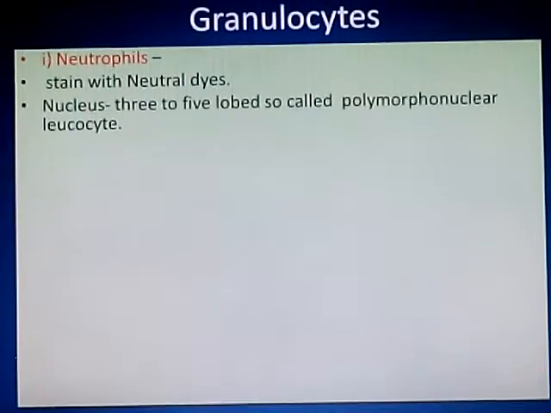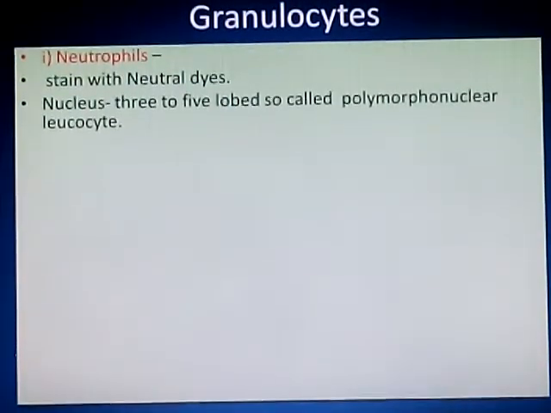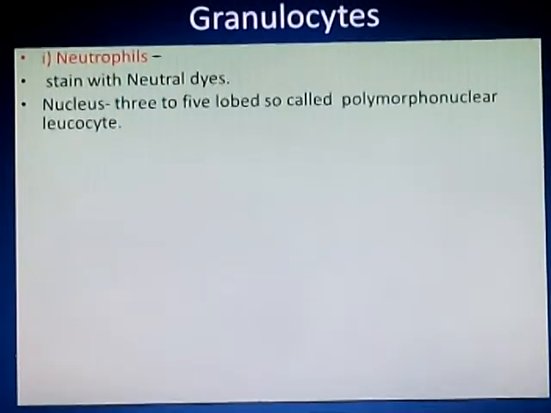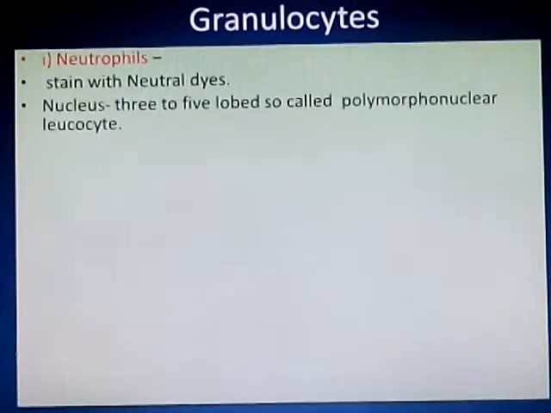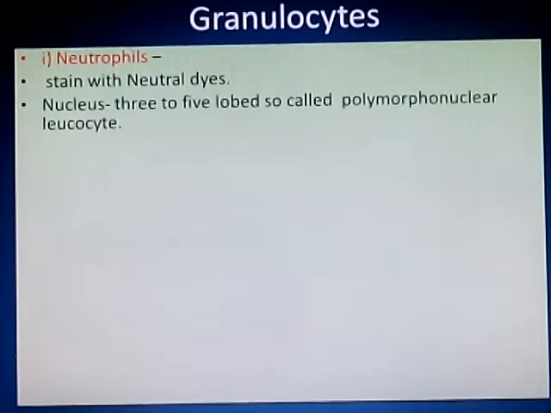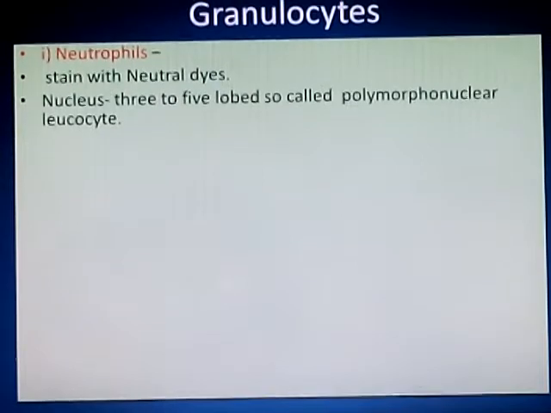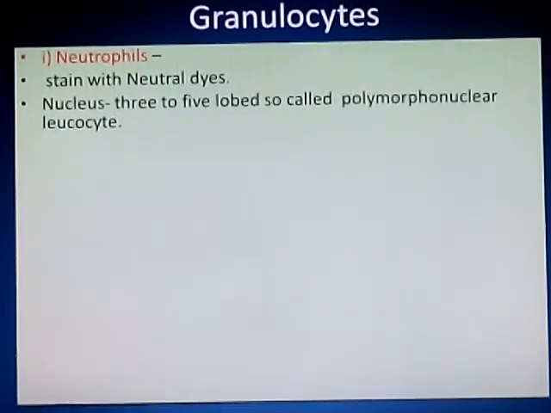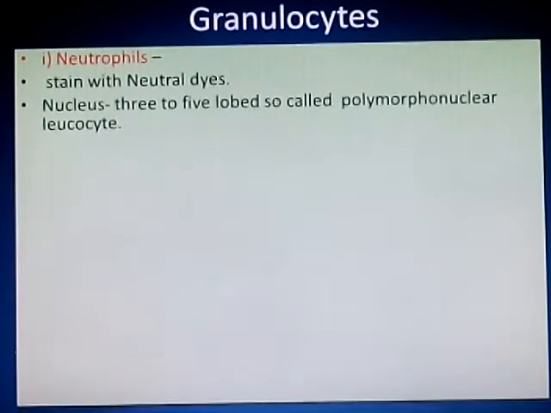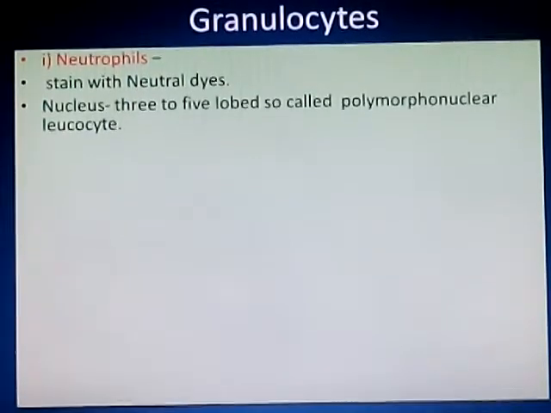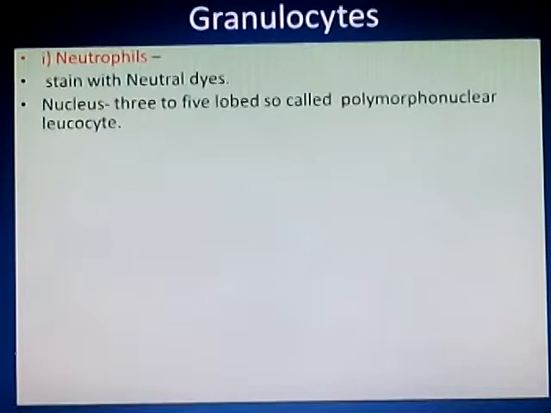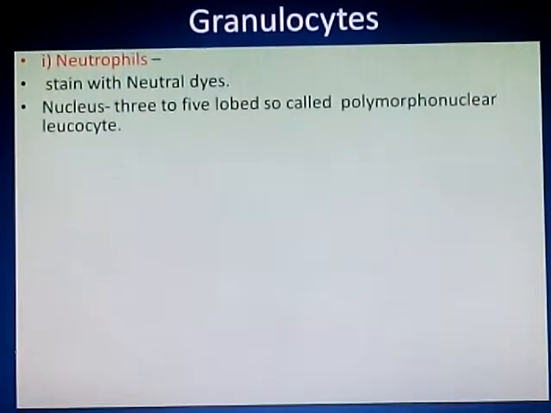As there are many lobes inside the nucleus, neutrophiles are also called polymorphonuclear leukocytes, or simply polymorphonucleocytes.